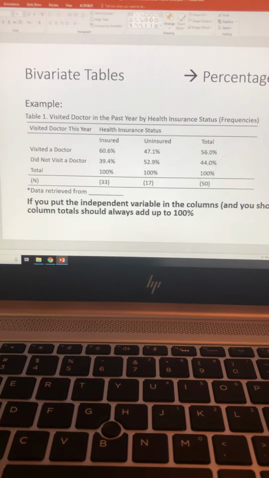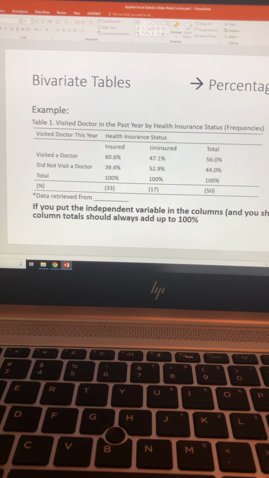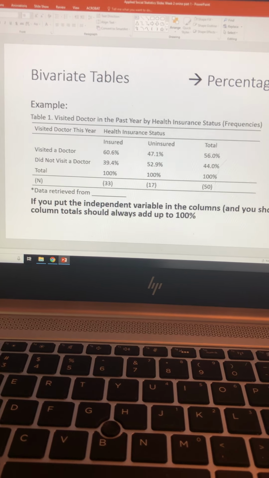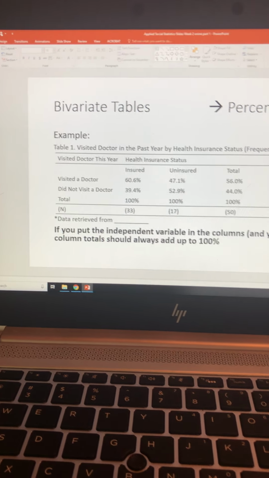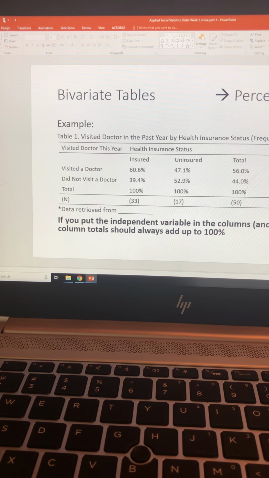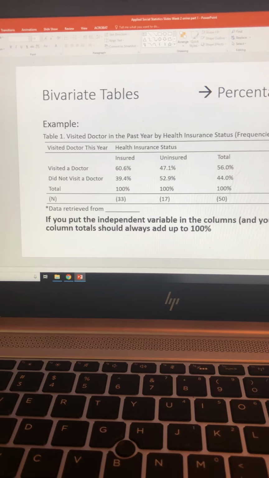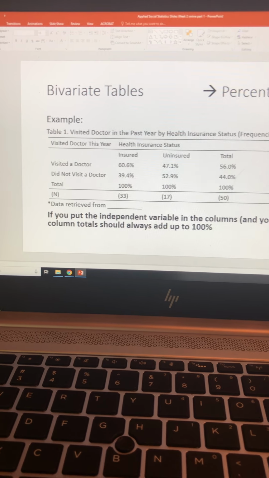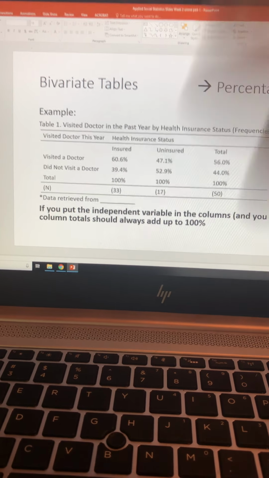A couple conclusions you could draw from this would be insured people are more likely to visit a doctor compared to uninsured people. And the reasons why, obviously, are numerous. Costs, out-of-pocket costs. You let your mind wander with that, but bring in some things about sociology that we know.